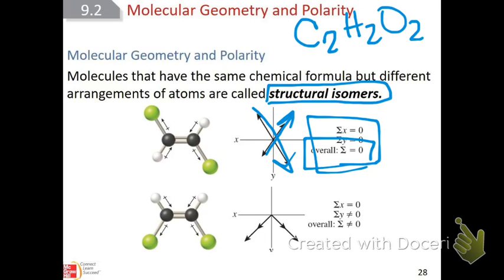And you have two different ways that can be arranged. You have the top one and the bottom one. And this is cis and trans. So if you have these two options, then you have to add up how many are the trans and how many are the cis isomer.